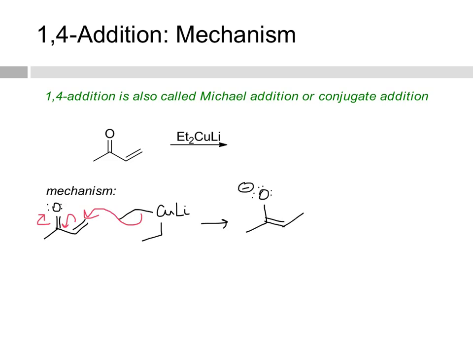We end with this intermediate where we've made a new carbon-carbon bond. This is the new carbon-carbon bond that we made at the 4 position. So this is 1, 2, 3, 4, and we've added an ethyl group.